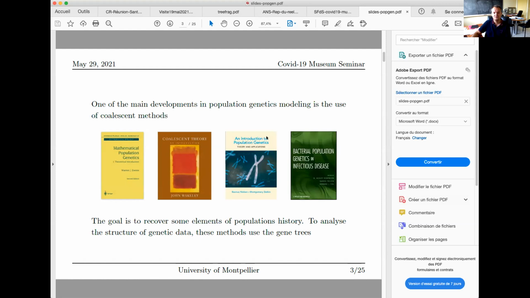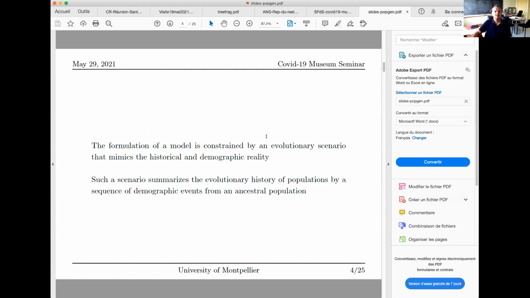The coalescence method is very important. This method uses gene trees, and the formulation of a model is constrained by an evolutionary scenario that mimics the historical and demographic reality.